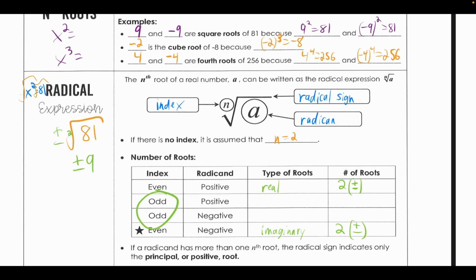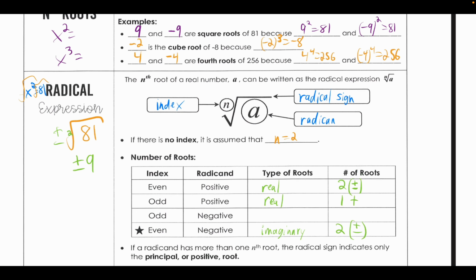Now, if your index is odd, such as a cube root or a 5th root, which we'll only really be dealing with the cube root for odd roots, and the radicand is positive, you're going to end up with the real roots. You'll just get one of them and it'll be positive.